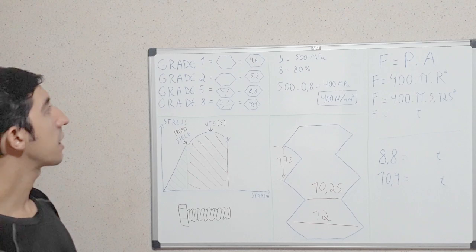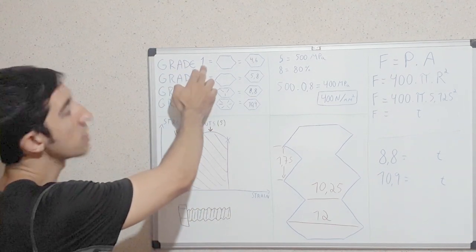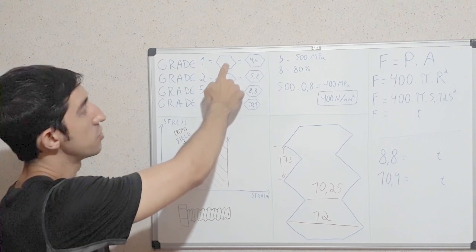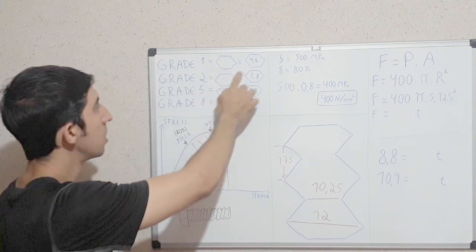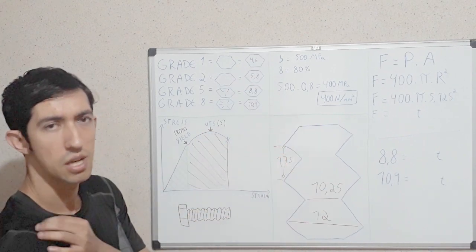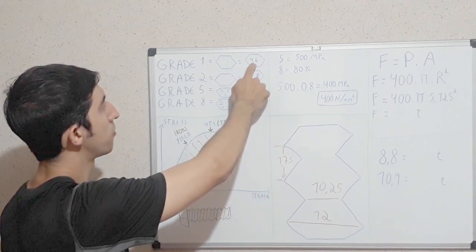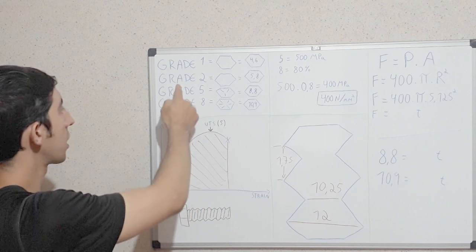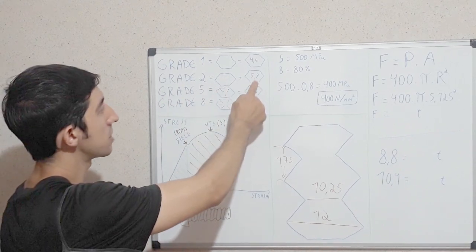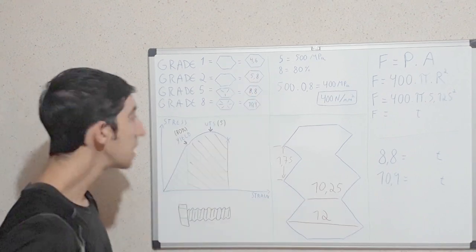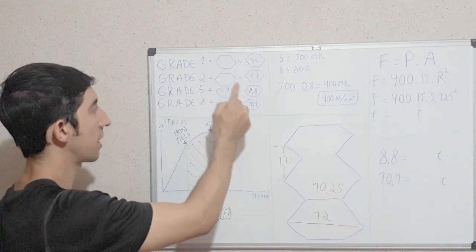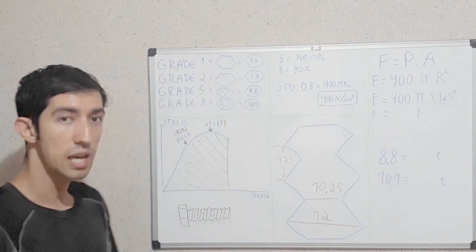Let's say that you find grade 1, like in this chart here. Grade 1, there's no mark on the head of the bolt, and perhaps there are some numbers like 4.6. Grade 2, there are no marks and the number is 5.8. Grade 5, there are 3 marks and the number is 8.8.